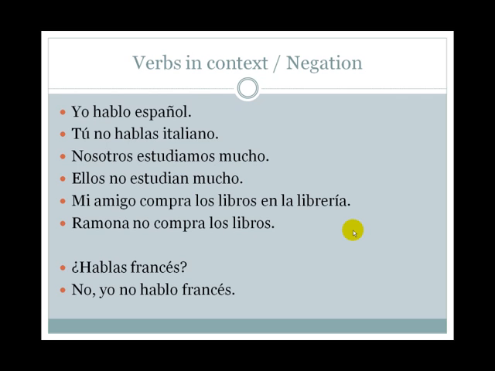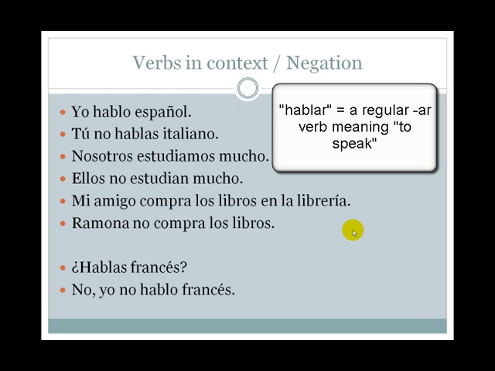Now let's look at some of these verbs in context and how they would work in a sentence. You'll notice for the first sentence the subject is yo, so the ending is o. That's the common ending for AR verbs in the present tense if the subject is yo. Yo hablo español. If the subject is tú, tú no hablas italiano.